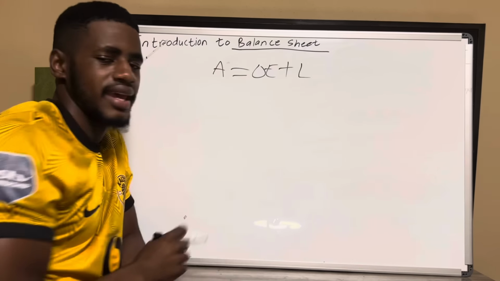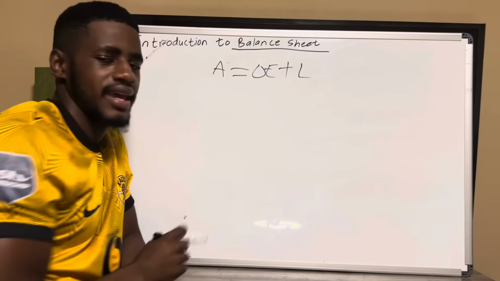Now you have to remember your note number 3. Fixed assets. We have 3 types of fixed assets. We have vehicles, we have equipment, and we have our land and buildings. So here in our balance sheet, we're just going to write fixed assets. We're going to put all the costs of all these 3 things that I just listed: the cost of equipment, the cost of vehicles if you have, and the cost of land and buildings.